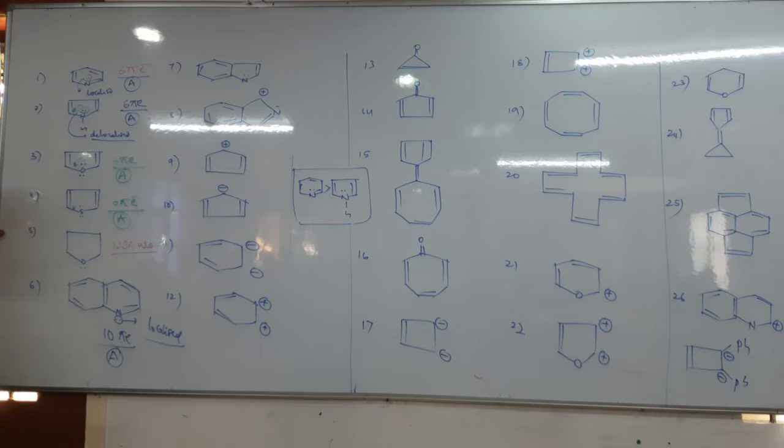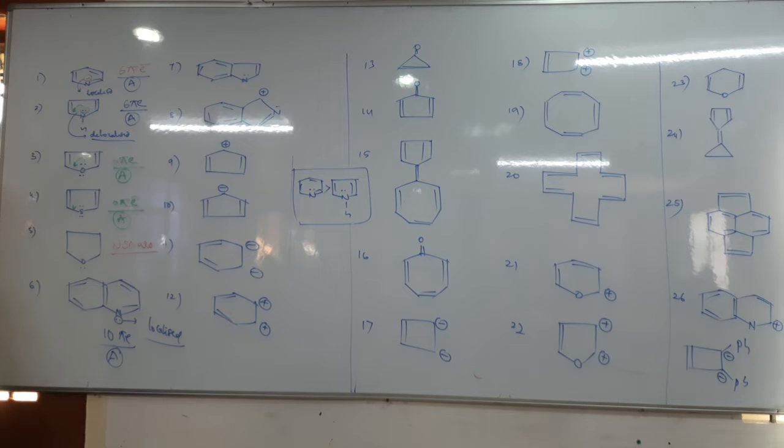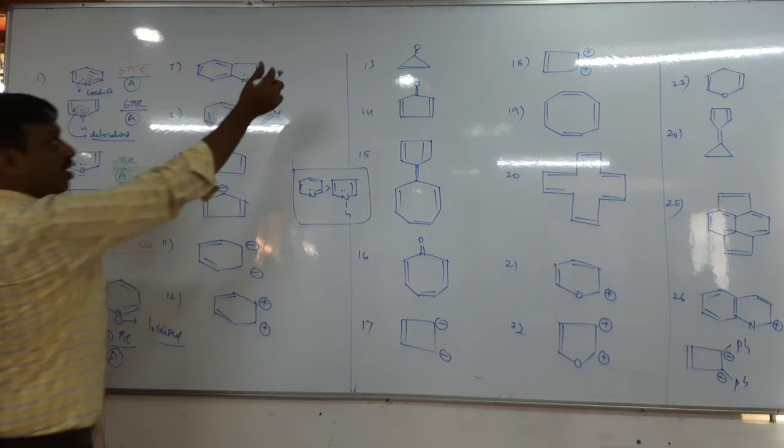Okay, localized. If the electrons are localized, they are involved in hybridization. Yes or no? If electrons are localized, they are involved in hybridization. If electrons are delocalized, they are involved in resonance. So the same lone pair does not involve resonance and hybridization. It is impossible. Next, here tell me.